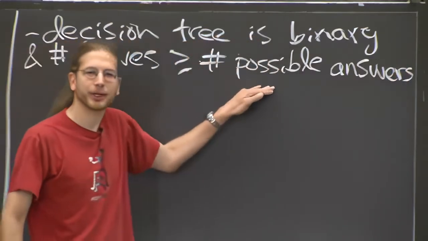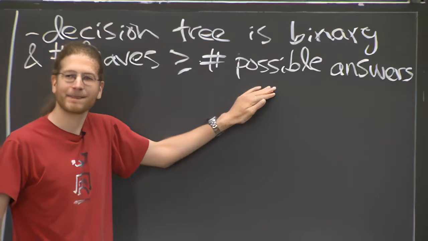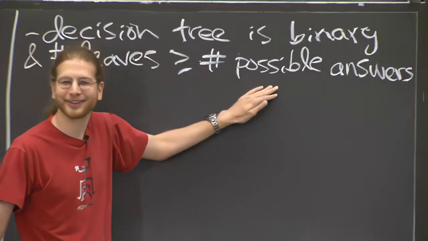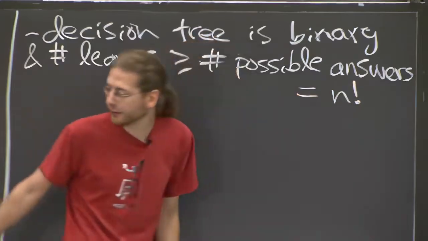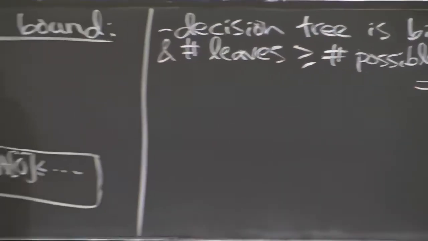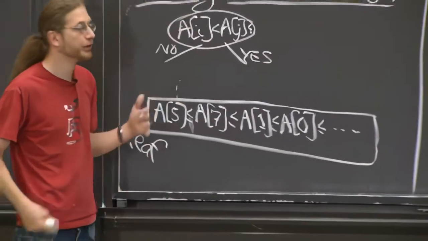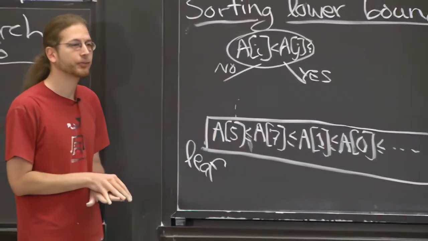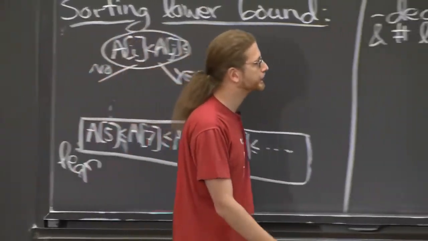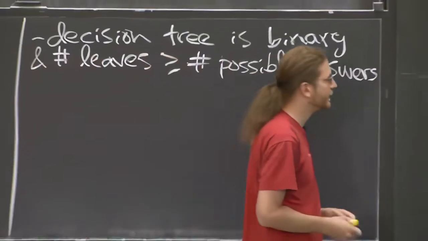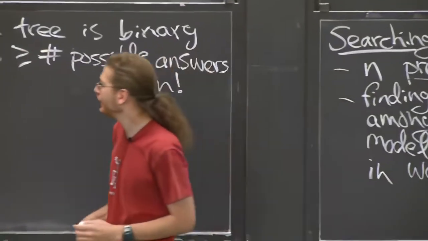And how many possible answers are there? N factorial. Right, the number of permutations. This is a permutation of the input sequence. And if all the items that you're given are distinct, there will be n factorial permutations of them. So that's the worst case. So n factorial.